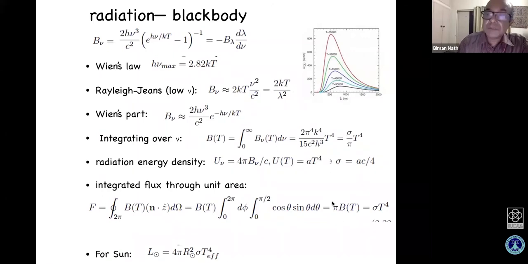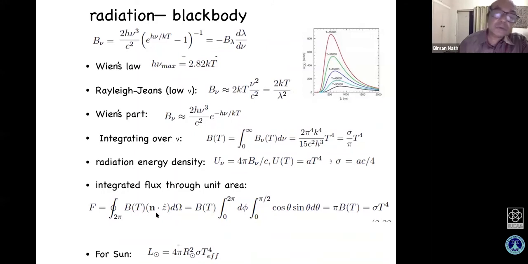And then there's a factor of pi B T, and remember the B integrated over all frequencies was sigma over pi, so that pi cancels, and this is how we get the Stefan-Boltzmann law. The integrated flux through unit area, in other words, energy per unit time per unit area, is equal to sigma T to the power 4.